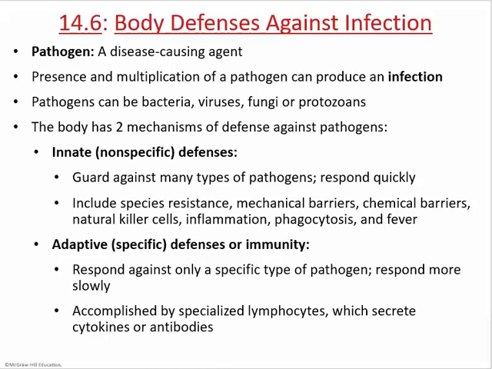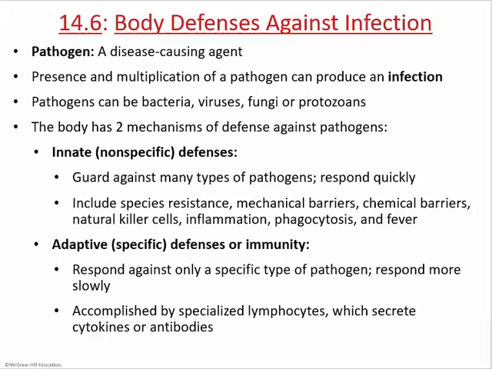The adaptive system is specific for specific antigens, for specific things going wrong. So the adaptive defense that protects you against influenza doesn't do anything against the measles.